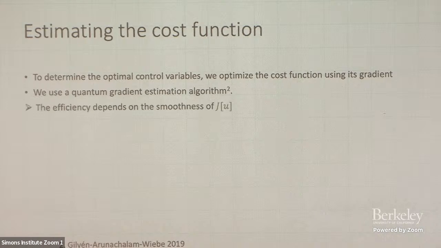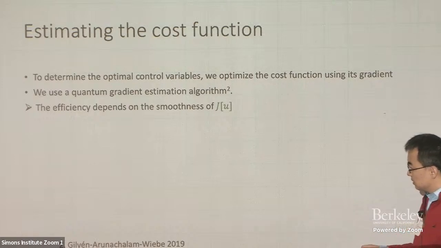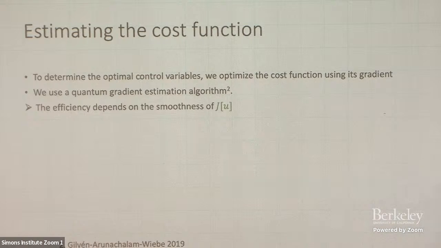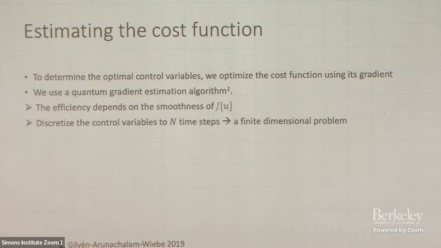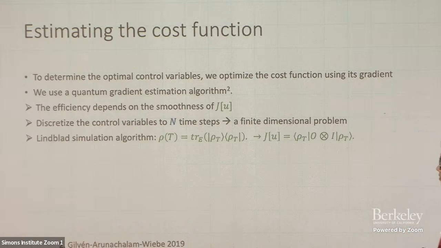So what we ended up using is a quantum gradient estimation algorithm, which is an improved version of Jordan's algorithm. To apply that, you need to analyze the smoothness of the objective function, and that's in the paper. You also need to discretize the control variable so that it becomes a finite dimensional optimization problem. After that, using the Lindblad simulation, you end up with a purification of the density operator.